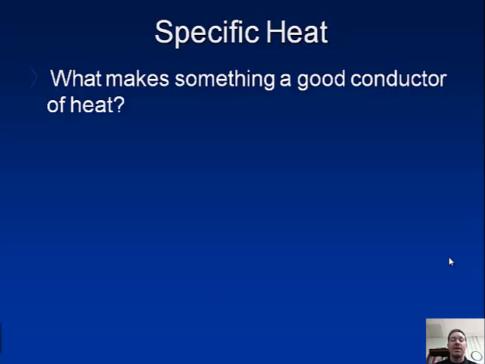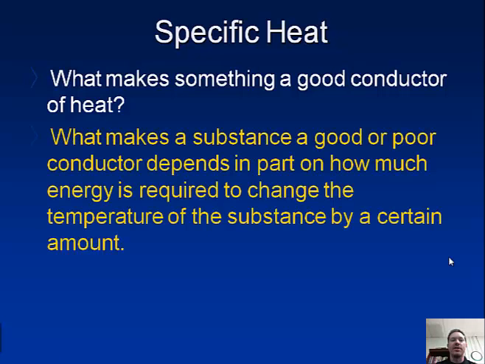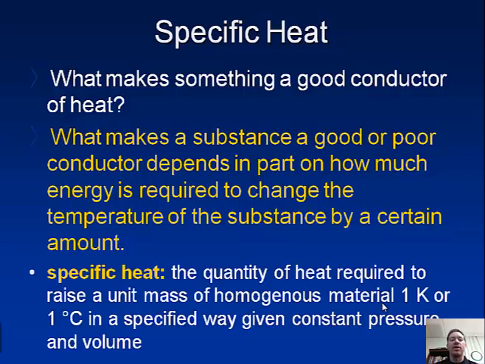Alright, we've got something called specific heat, and the question here: what makes something a good conductor of heat? What makes a substance a good or poor conductor depends on how much energy is required for a change in temperature of the substance by a certain amount. And we've got a value called specific heat.